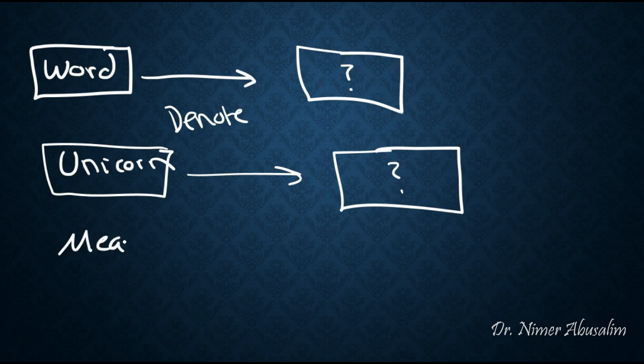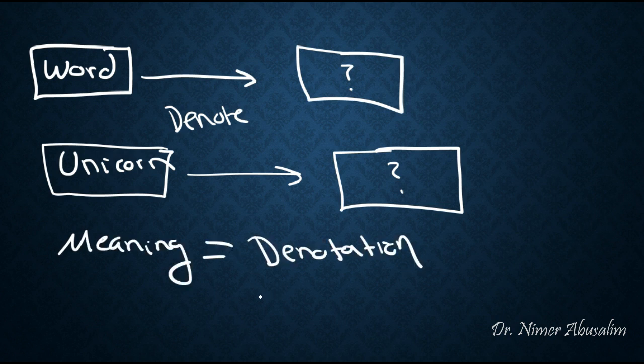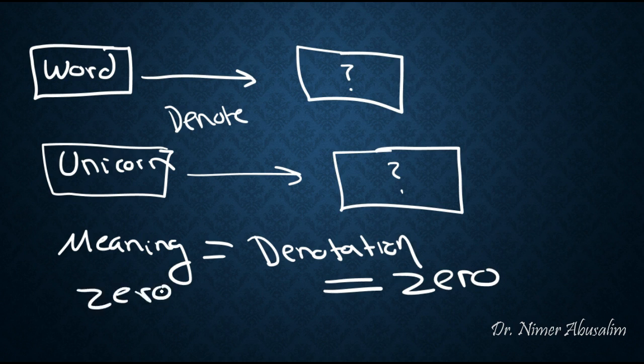If meaning equals denotation, and if in this case the denotation amounts to zero or nothing, then it makes sense that meaning would also amount to zero or no meaning. And so according to this theory so far, in its simplest form, unicorn should have no meaning. We should not be able to understand the word unicorn.